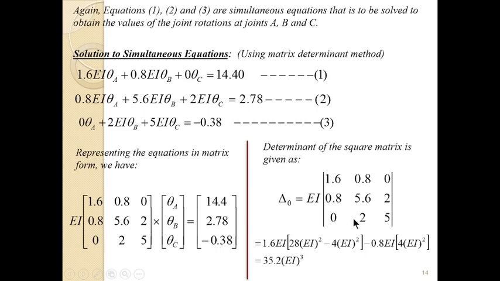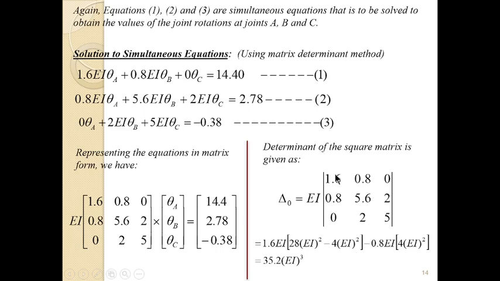And you know the matrix method, if you cross this row and this column, what you have here is 1.6, that's why it's 1.6 EI into, you now have 5.6, this 5.6 times 5 gives you 28. EI is in all of them. EI will be squared, minus. What you now have remaining will be 2 times 2, which is minus 4 EI squared. And you close the bracket.